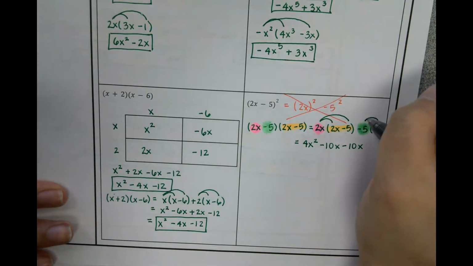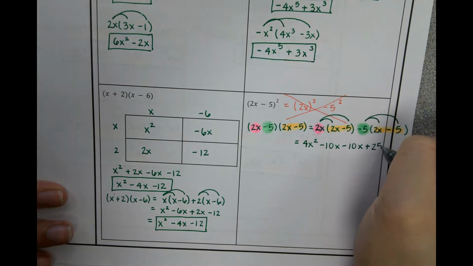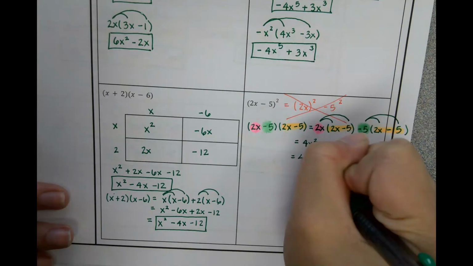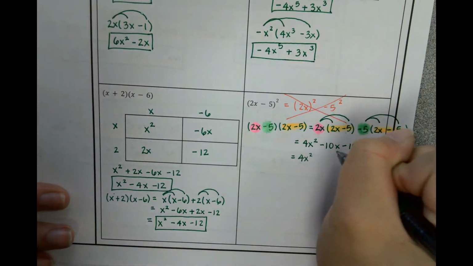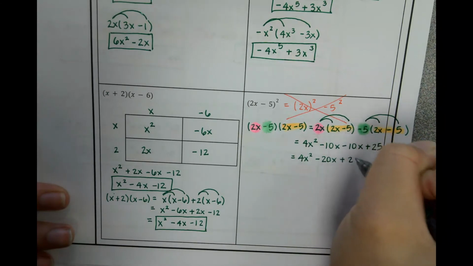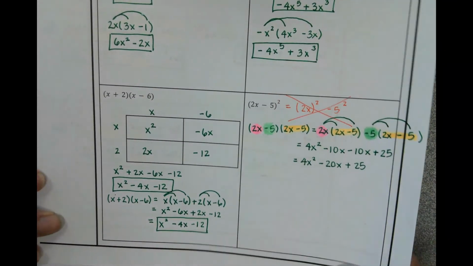And then negative 5 times negative 5, that makes it a positive 25. Then all I have to do is combine like terms, so 4x squared. Negative 10x minus 10x is negative 20x plus 25. And then we're going to do one more and call it a day.